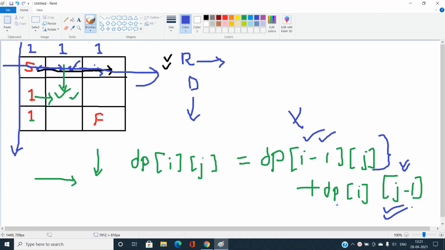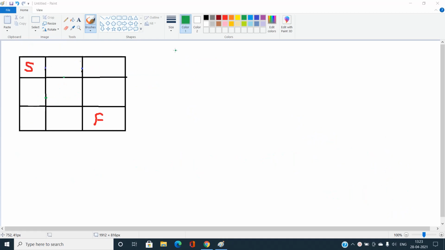And let's talk about when there is an obstacle in the matrix, that is at least one obstacle. Now again you can see the moves that are allowed are right, and another move that is allowed is down. Okay. Now you can see I have to start from this position. Let's say there is an obstacle present over there. Let me denote it with another color.